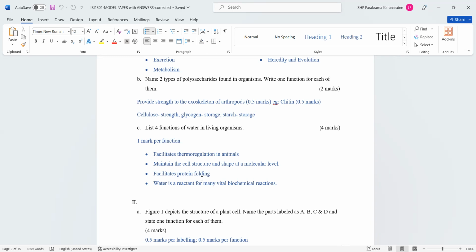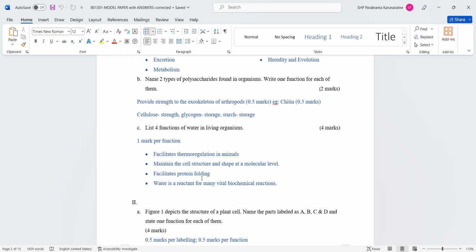And if you are asked to write the functions of proteins, you can write, for example, hemoglobin is a protein, right? It carries oxygen. And muscles are made up of proteins for movements. And enzymes are there for reactions.